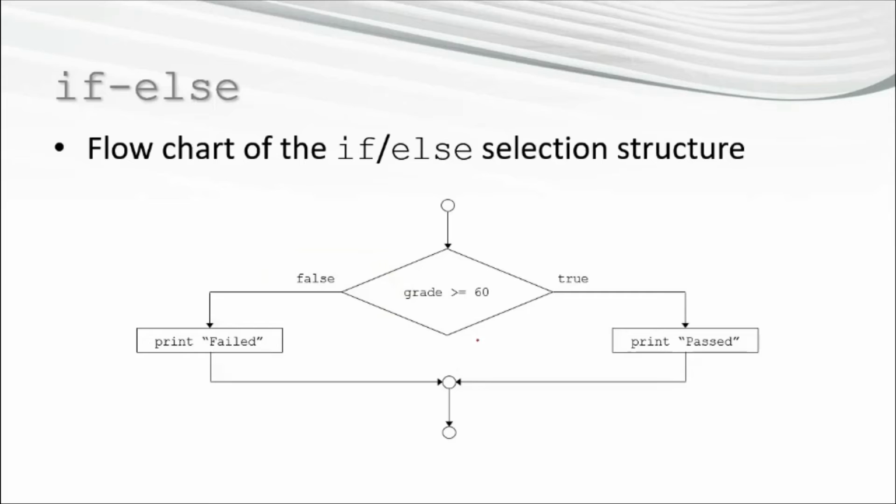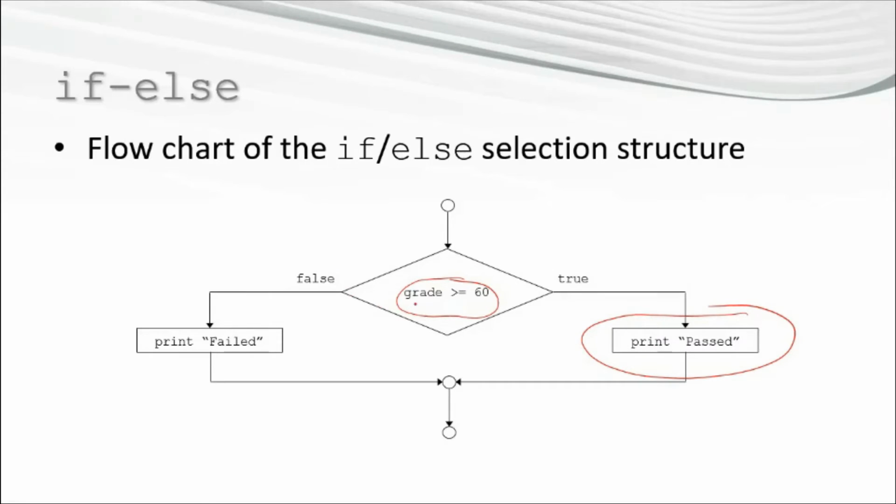This is the flow diagram structure for the selection structure, if-else. If this condition is true, we print passed. That is, if grade is greater than or equal to 60, we print passed.